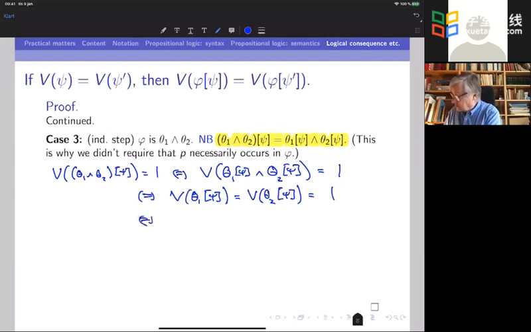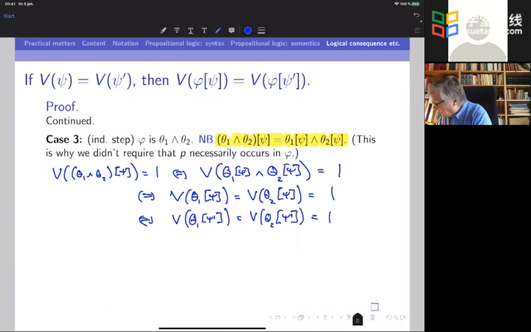But then I use the induction hypothesis, which is that the claim is already clear for the simpler formulas theta 1 and theta 2. So this is the same as v of theta 1 square brackets psi prime equals v of theta 2 square brackets psi prime equals 1.